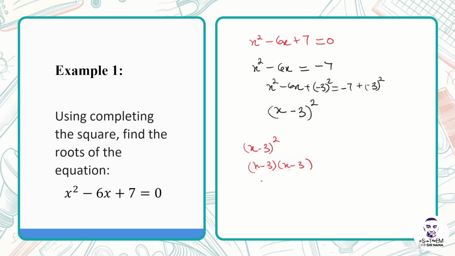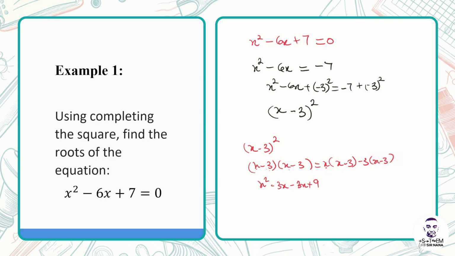So x multiplying x gives us x squared, and then minus 3 multiplying x gives us minus 3x, and then minus 3 multiplying x gives us another minus 3x.